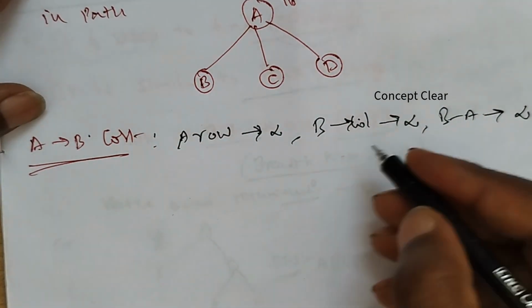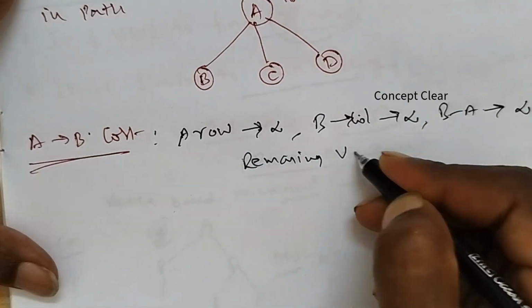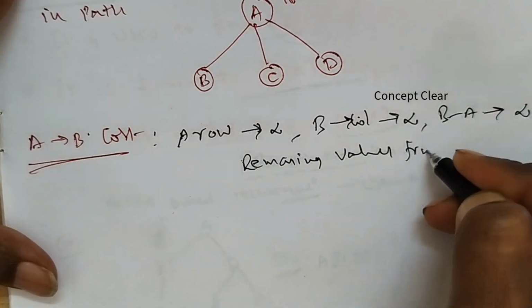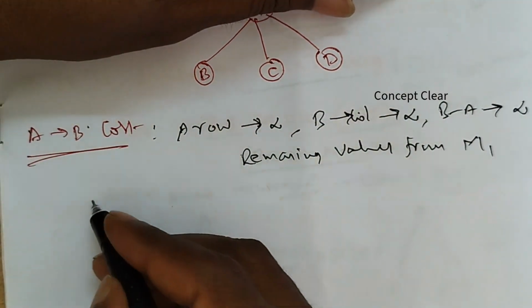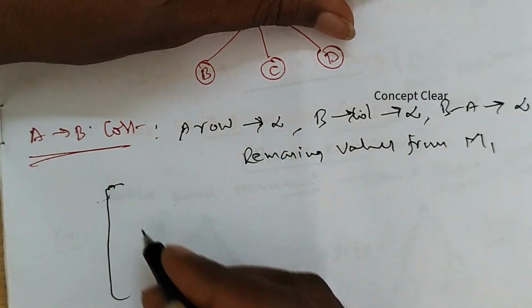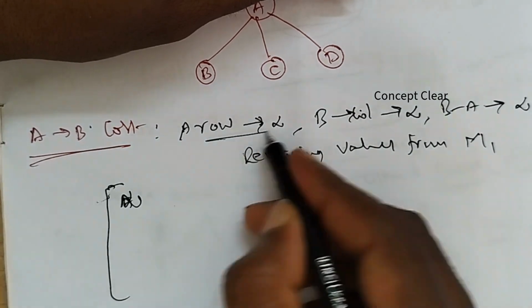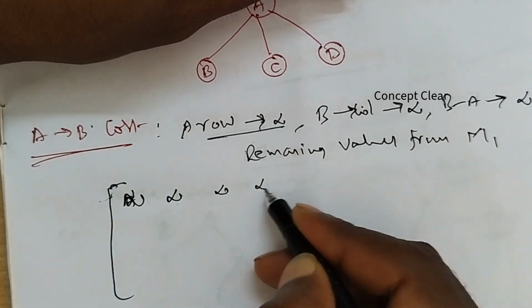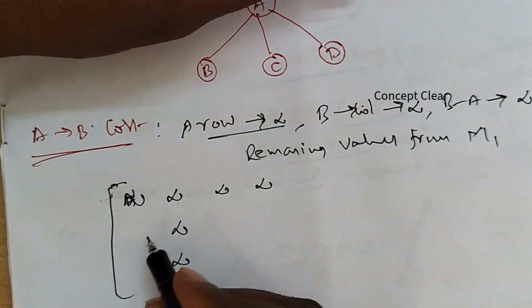The remaining values are from M1. Here, the A row is infinity, so infinity, infinity, infinity, infinity. The B column is infinity, and B to A is infinity.